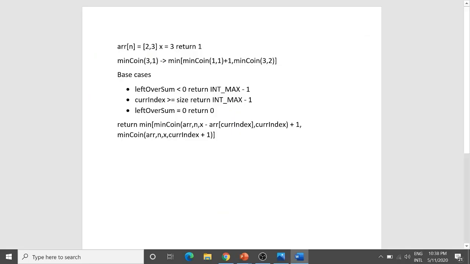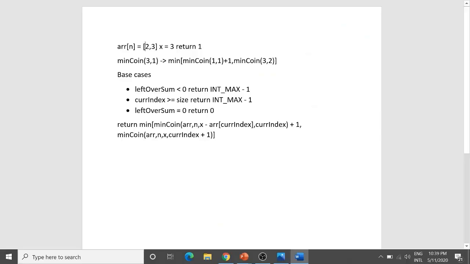So what would I be recursing? One case would be when I make use of the denomination present at index 1, and in the other branch I wouldn't be making use of the denomination present at index 1.